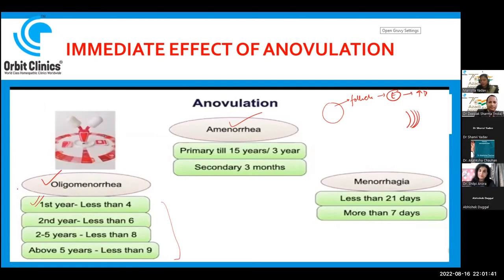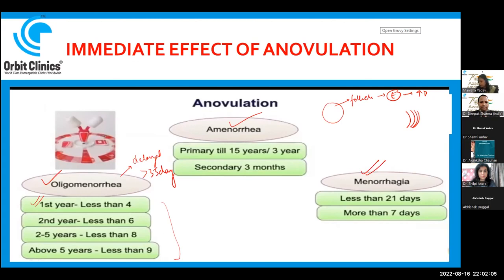You don't have to do anything. And similarly, there are various numbers of cycles related to that age of life. So it may present as amenorrhea, may present as oligomenorrhea, and oligomenorrhea means delayed menses, which is more than 35 days. And it may lead to menorrhagia also.